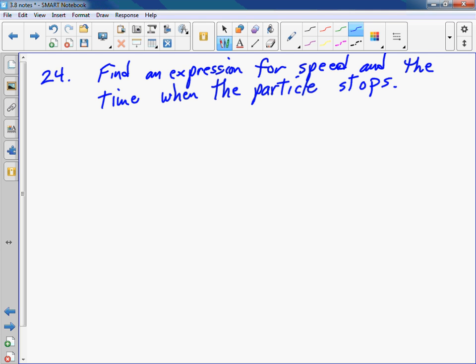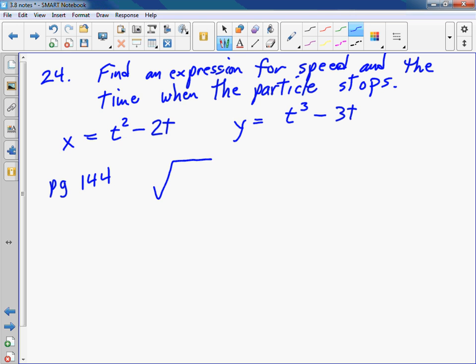That's a bummer. So I think they gave us this one, the parametric equations: x equals t squared minus 2t, y equals t cubed minus 3t. First off, on page 144, we were given an equation which looks suspiciously like the Pythagorean theorem. It's everywhere.